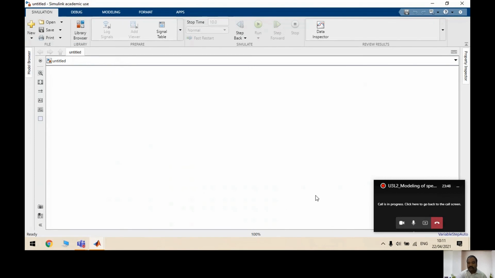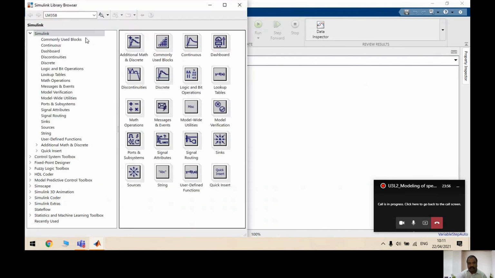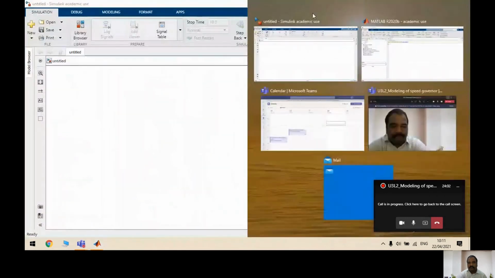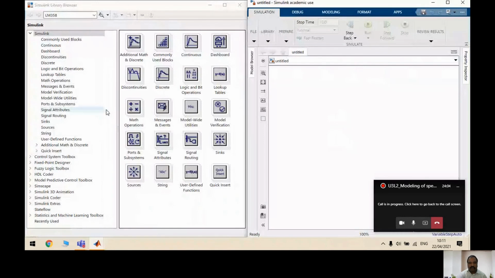So now I'm presenting the MATLAB Simulink model of the developed speed governor model. As you can see, this is the Simulink library. So what are the components which I do need?